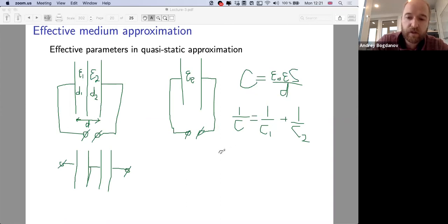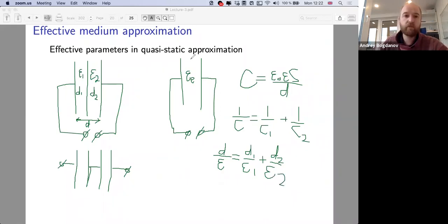It means that D over epsilon, this is the unknown effective epsilon, is equal to D1 over epsilon 1 plus D2 over epsilon 2.